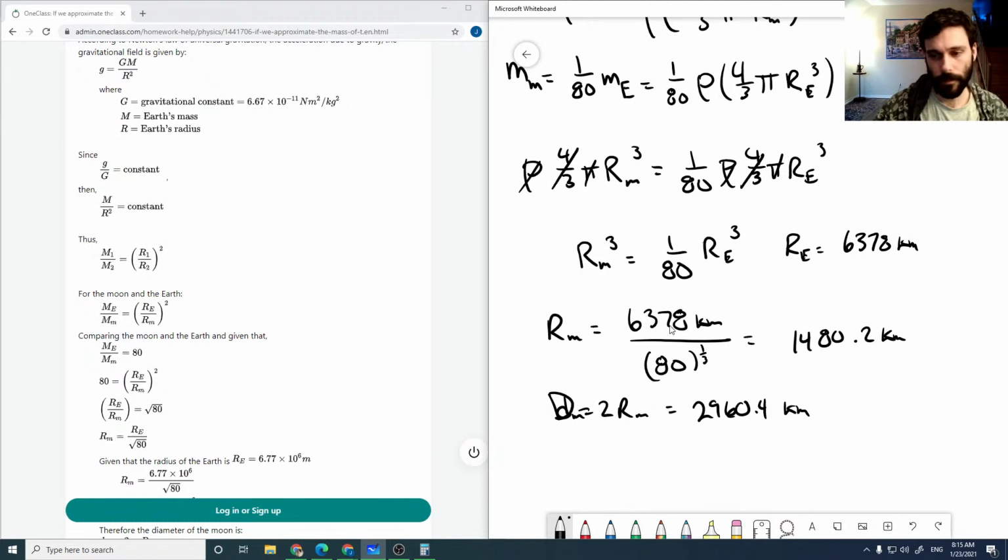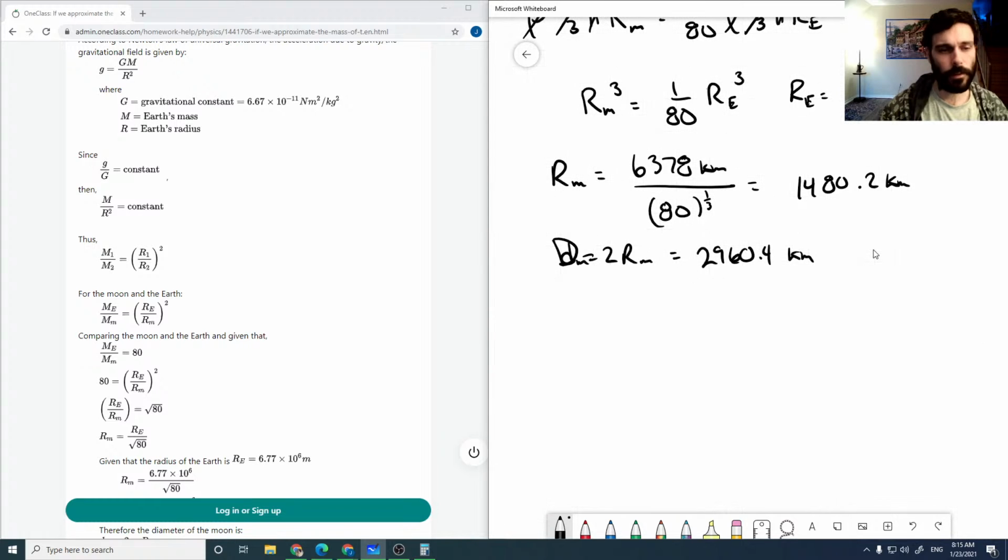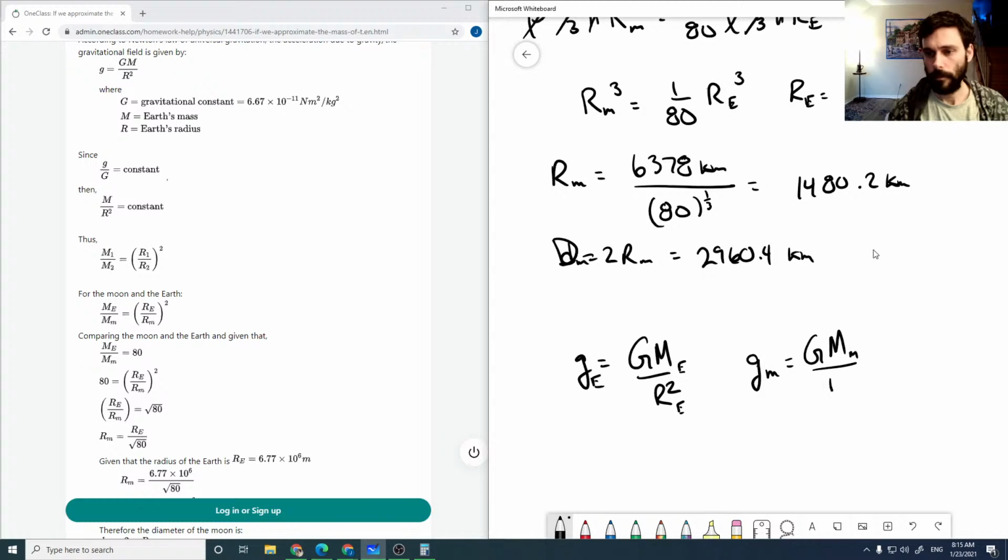So in fact, if we wanted to go this route, saying that g is GM over r squared for the Earth and for the Moon, if we set these two equal, then we're saying that the gravitational acceleration on the Moon and the Earth is the same, which is just not true.